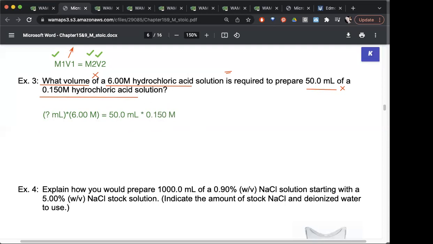All right, so you could think of just dividing both sides by that molarity, on both sides. And so we will get the V1 that we need.